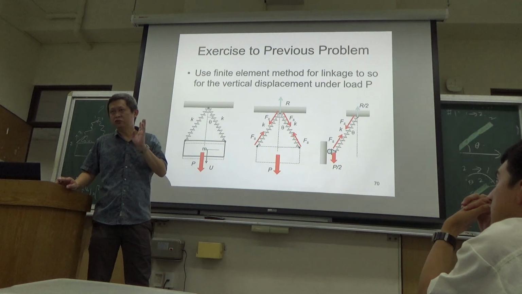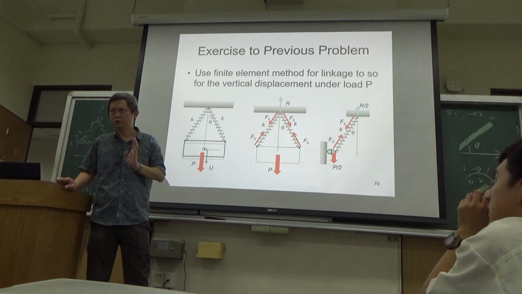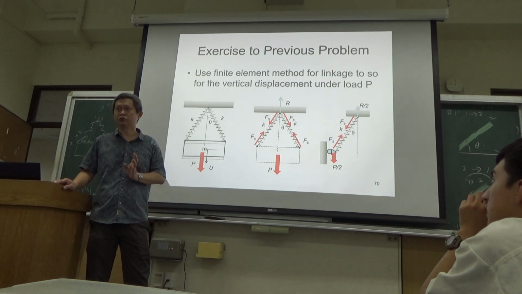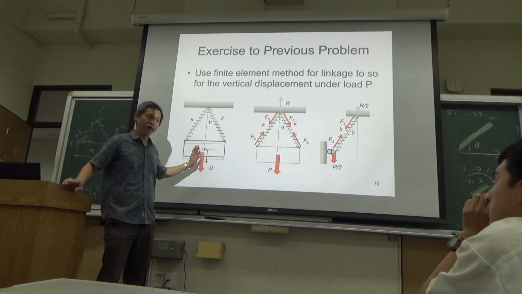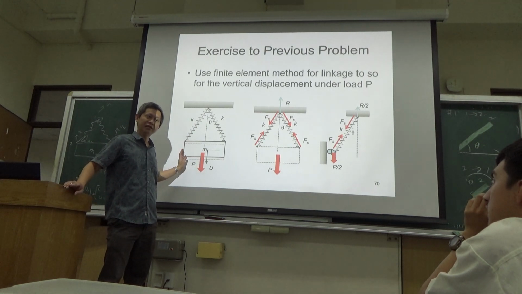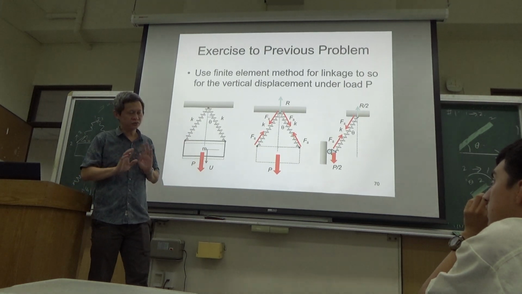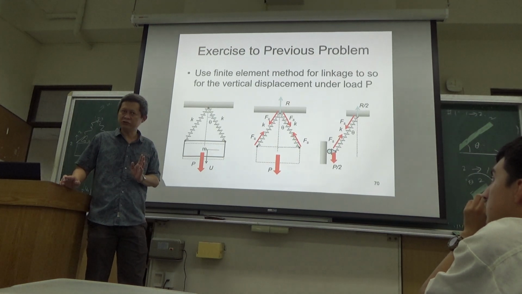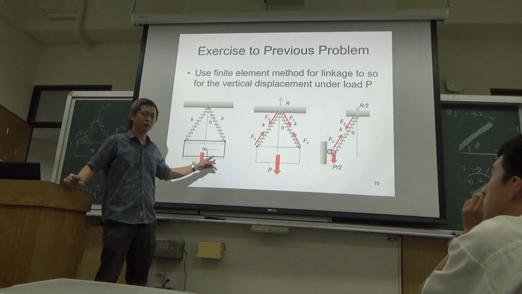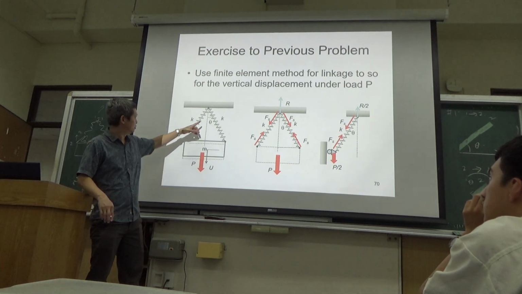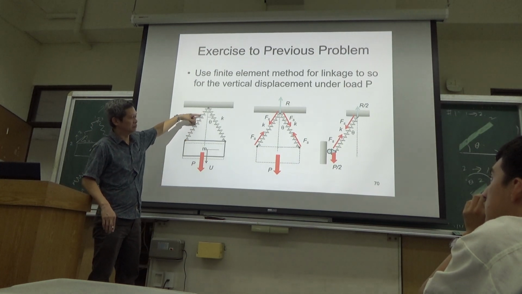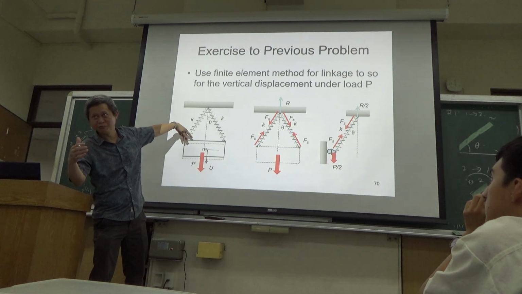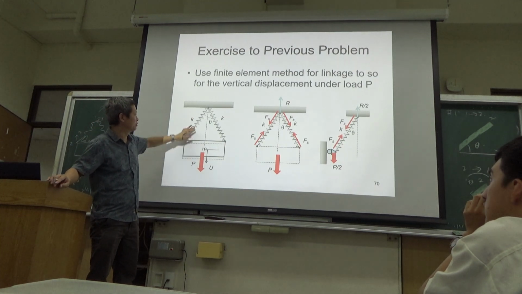The symmetry of the geometry doesn't warrant a symmetry in solution. Because if the force is applied on the left-hand side rather than the middle, there is no such thing as geometry symmetry. The force is not symmetric, so we better do the full model. Okay? But by hand, yeah, you try to do symmetry. By computer, no.